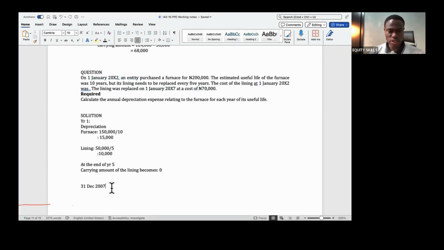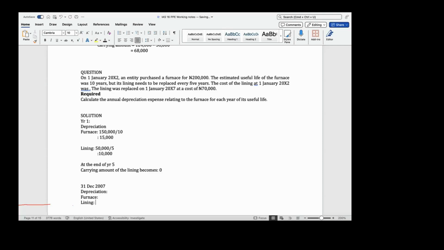Okay? So depreciation from year 6 now, for the furnace, how much will be our depreciation for the furnace? You can tell me? Okay, what about for the lining?